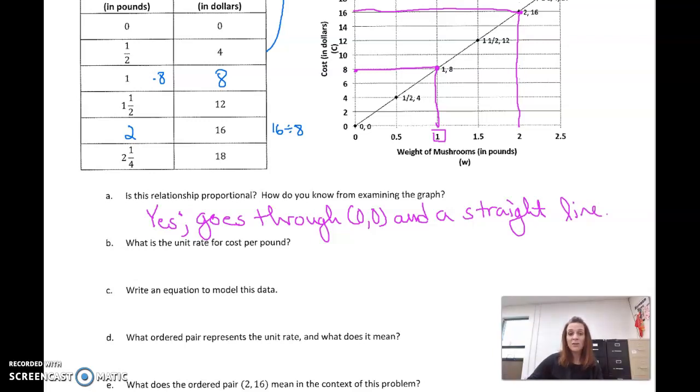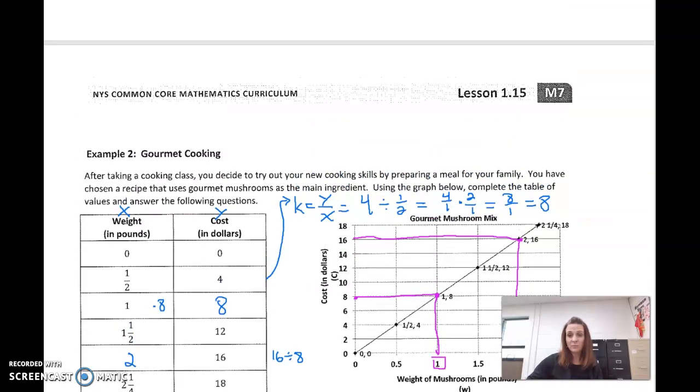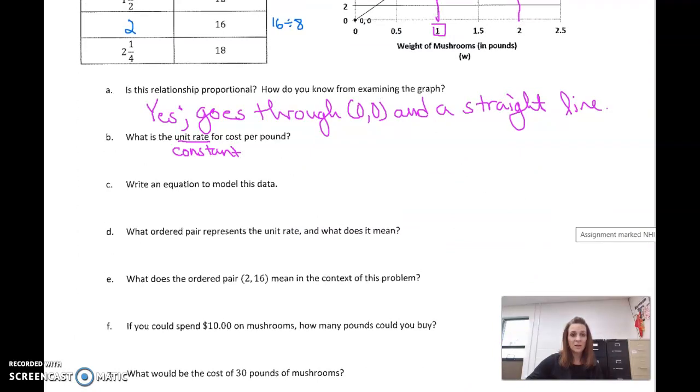All right, so now it says, what is the unit rate for cost per pound? Unit rate, constant, and we have a couple ways we could think of this. We found our constant. It's 8, right? So I could just say k equals 8. If you remember, we also knew on the graph that the unit rate occurred at the point 1, and the unit rate's whatever's with 1.